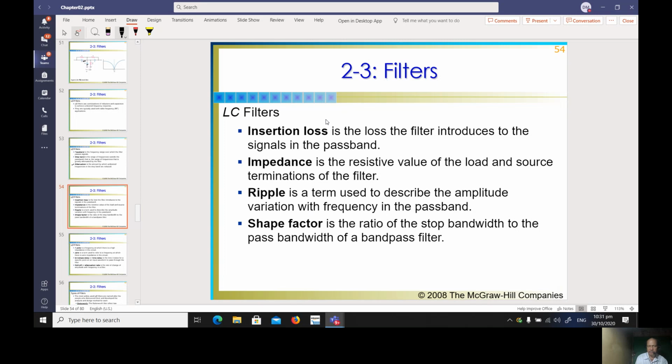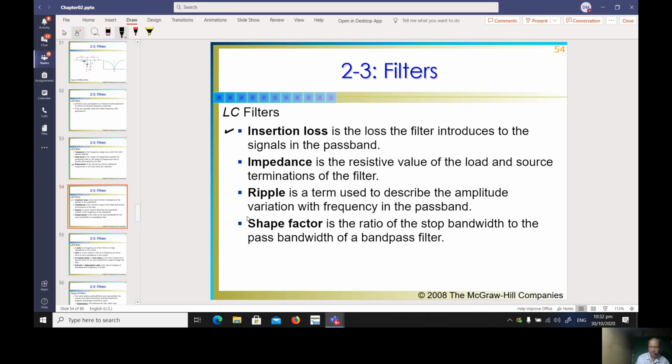Now there's also the LC filter. In an LC filter there is also an insertion loss. There's also an impedance, which is the resistive value of the load and the source termination of the filter. There is what we call a ripple effect, used to describe the amplitude variation with frequency in the passband.